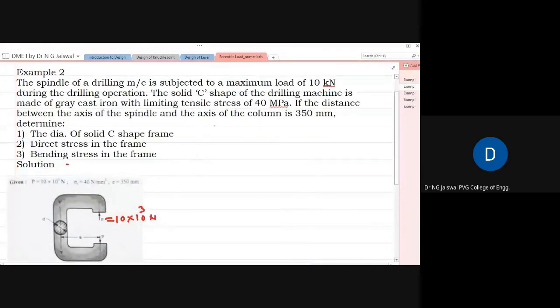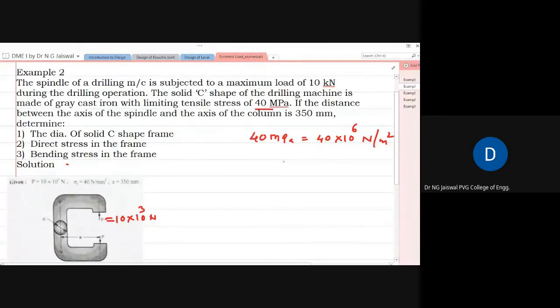Limiting tensile stress, limiting means again permissible stress, is 40 megapascal. 40 megapascal means 40 into 10 to the power 6 Newton per meter square.